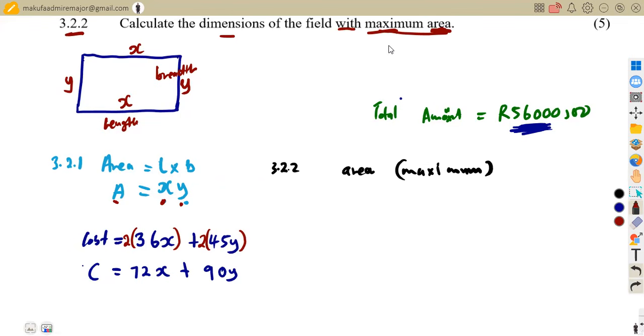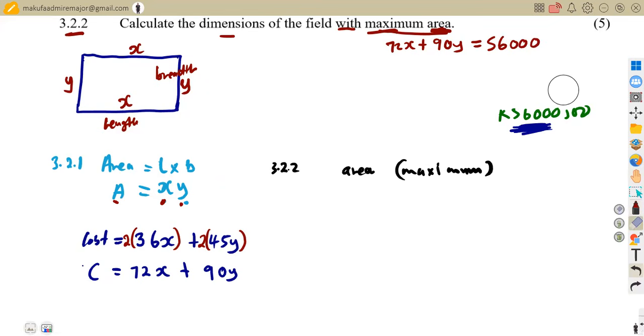Remember our cost, we said it's 72x plus 90y. This is the money that is going to be used. But this guy, in terms of the actual amount, it is 56,000. So this cost must be equal to 56,000. Meaning to say, I have formulated an equation from the cost. The total cost must be equal to the amount available.